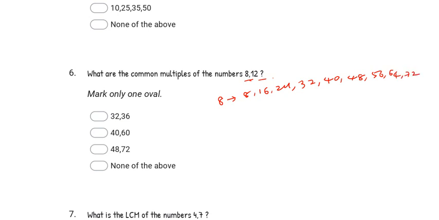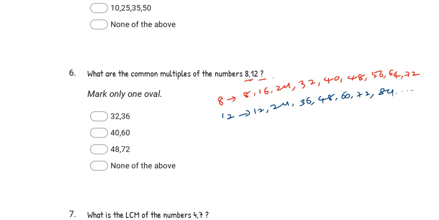And the multiples of 12 are 12, 24, 36, 48, 60, 72, 84 and so on. So what is the common?